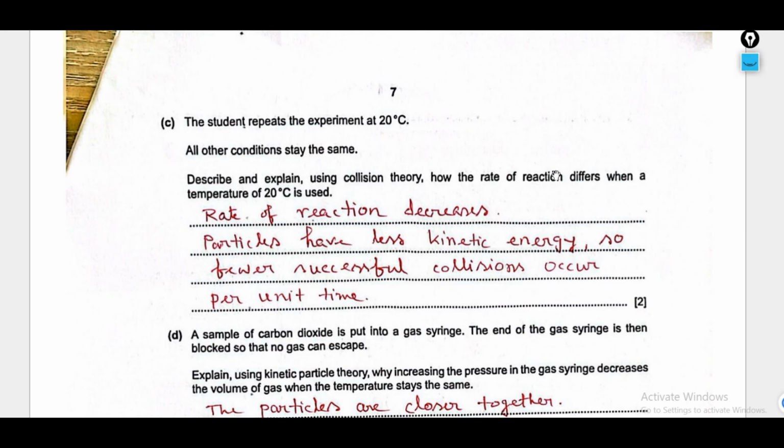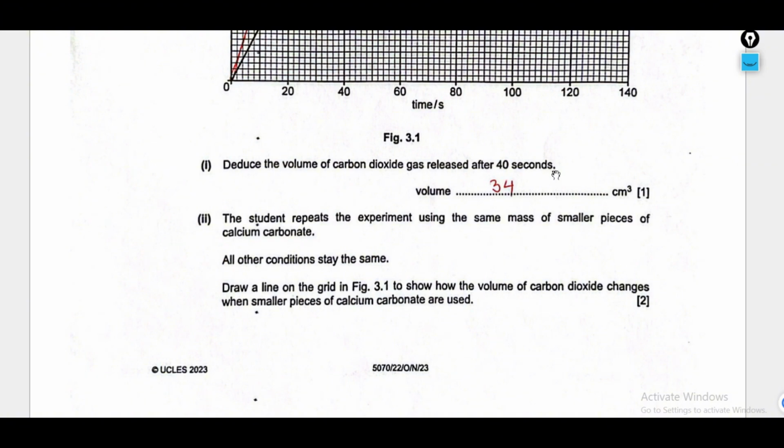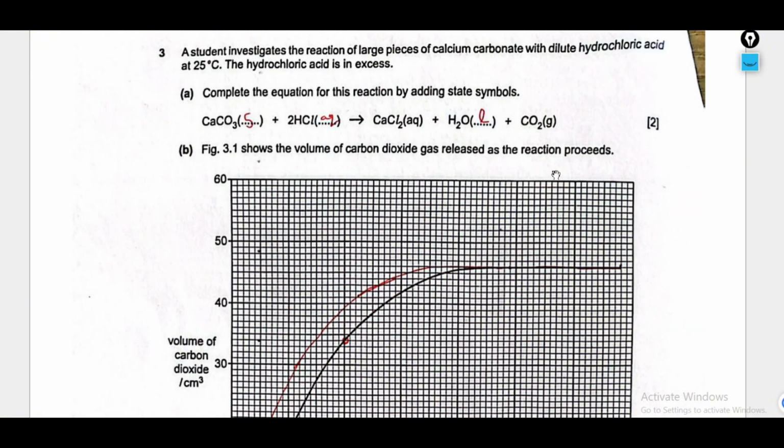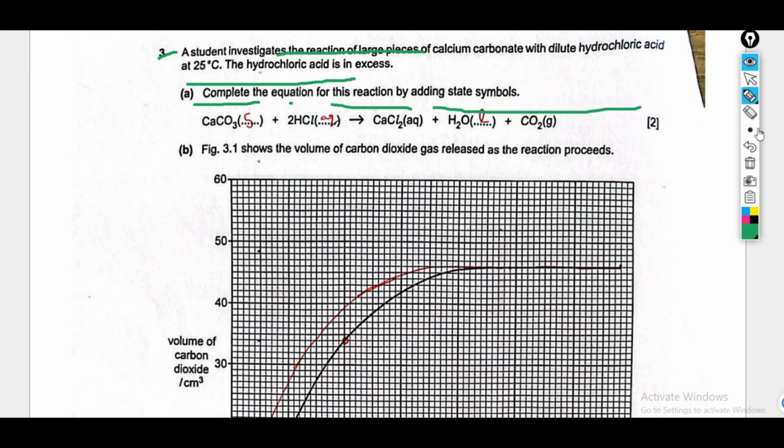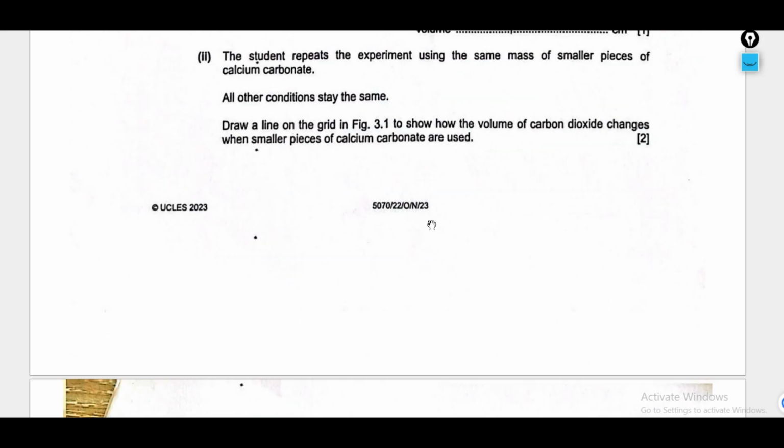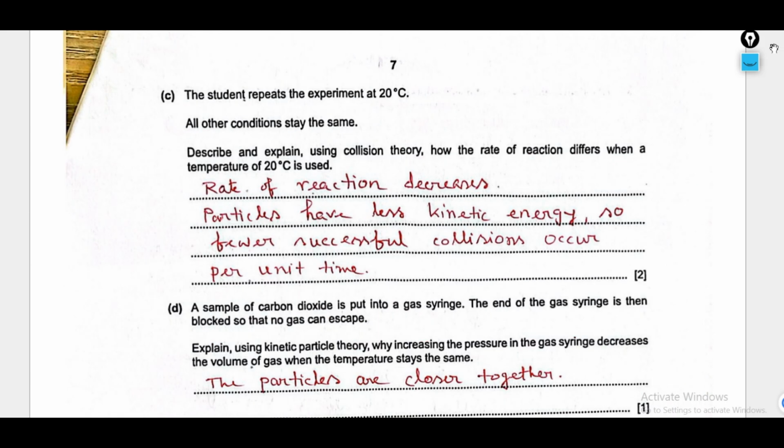The previous temperature was 25 degrees centigrade, now 20, so the temperature is decreasing. With decreasing temperature, the rate of reaction decreases. So your answer will be the rate of reaction decreases as 20 degrees centigrade is less than 25 degrees centigrade.